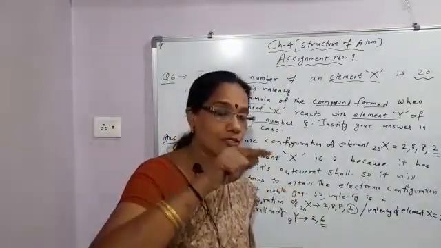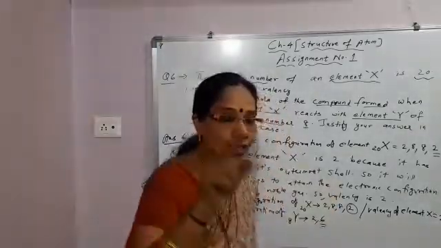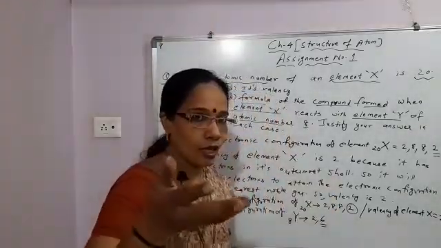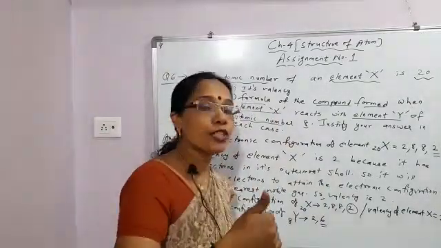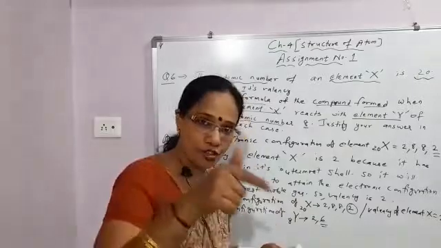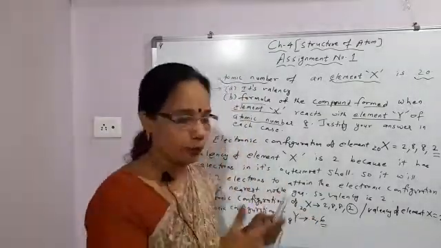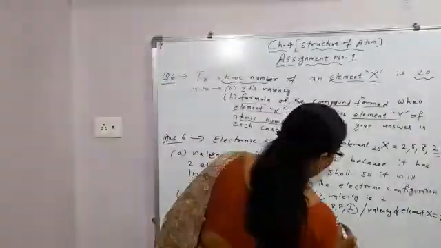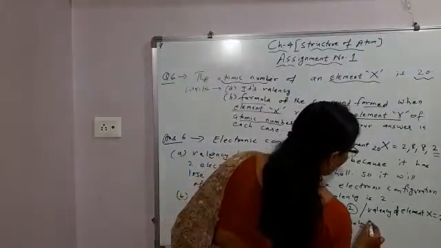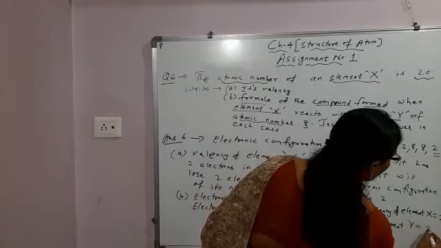Means to attain 8 electrons in the outermost shell, it will gain 2 electrons. So 6 plus 2, 8. Okay, so it is gaining 2 electrons. So how many electrons is it gaining to attain the electronic configuration of nearest noble gas? 2. So what is its valency? 2. So valency of element Y is 2.